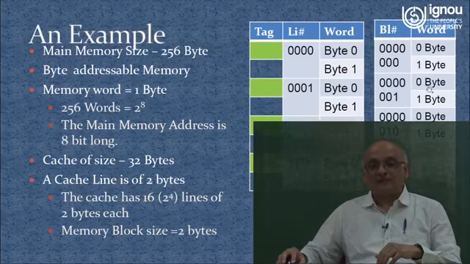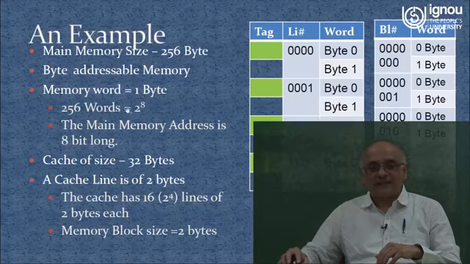Now let's move on. The next thing we have to refer to here is how long the address is. 8 bits. Out of those 8 bits, 7 bits are referring to a block, and the last bit, the 8th bit, is 0 or 1, referring to a particular word or byte in the main memory.